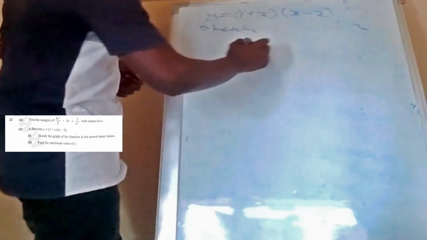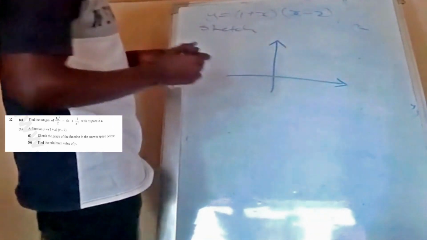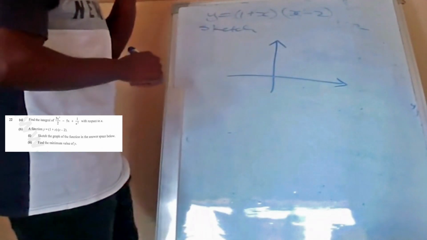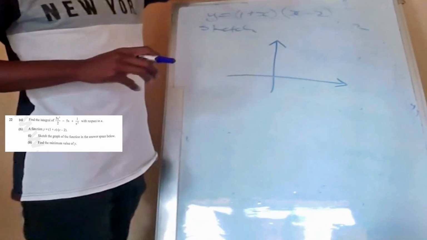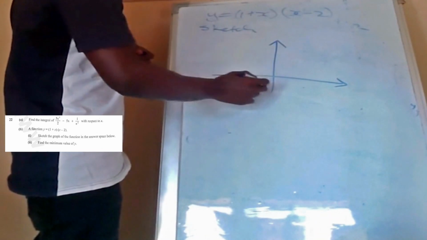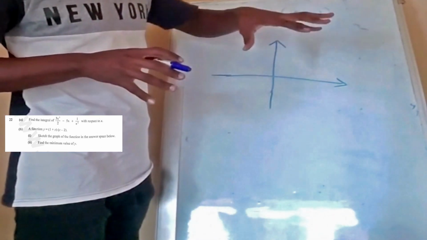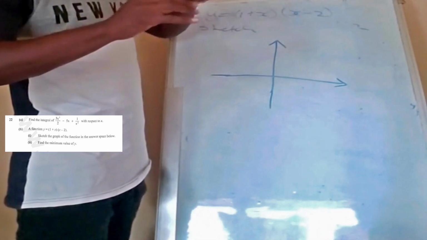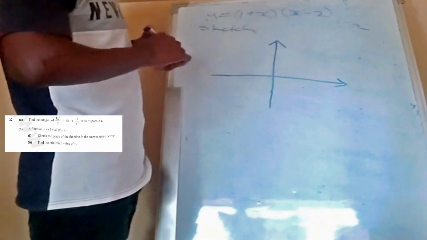So when you're asked to sketch, the best thing you can do is look for the zeros. What do you mean by zeros? The point where x is equal to 0, the point where y is equal to 0, and we look for the general shape that the graph is going to have.